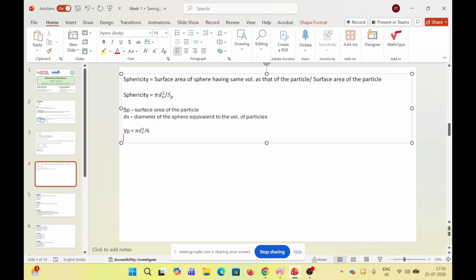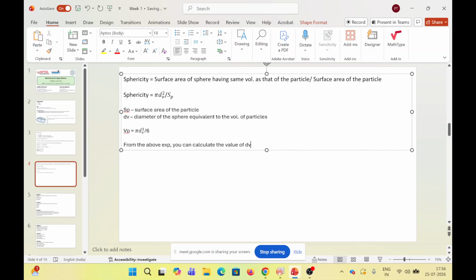From this expression you can calculate the value of dv. Once you know dv, SP will either be given to you or you can calculate it on your own.